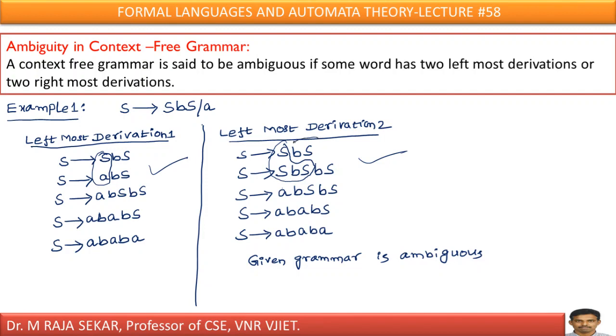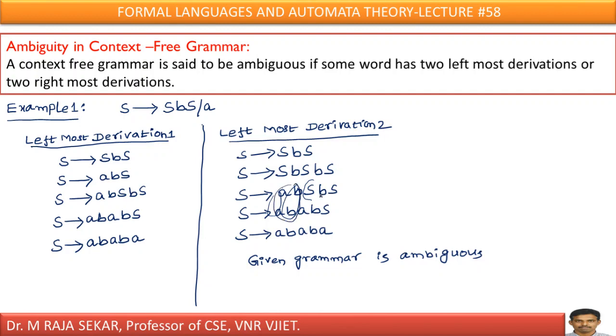Again, in the place of BS, I am copying BS as it is. Now what happens? Now in the place of S, I can write either SBS or A. I am writing small a as it is, with BS. The remaining part I am just copying. Now in the place of A, I am writing A. In the place of B, I am writing B. In the place of S, I can write this AB, and in the place of S, I am copying AB.